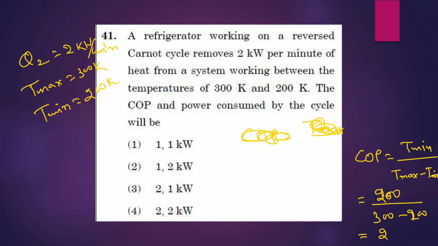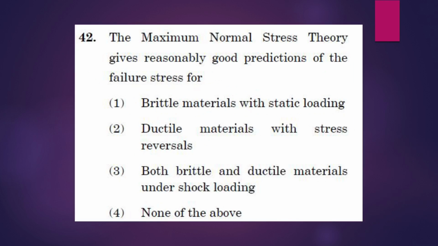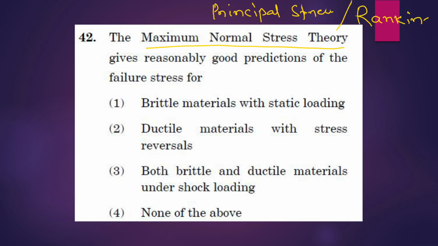So from option it's 3. 3 is maximum normal stress theory, or you can call it maximum principal stress theory, or Rankine's theory. All three names you have to remember.